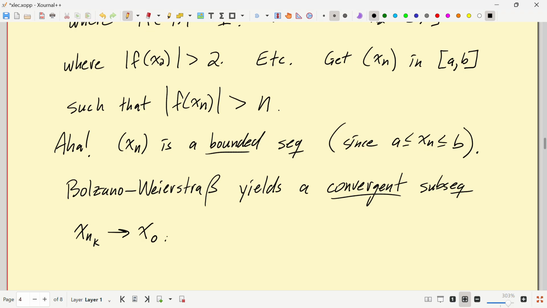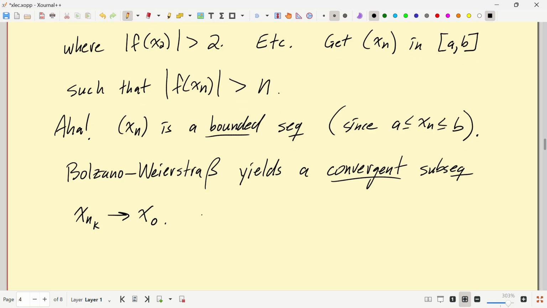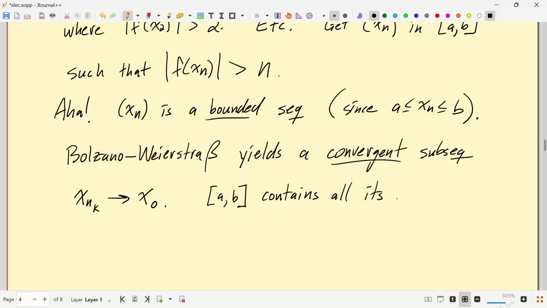Well, the interval [a, b] is closed, meaning it contains all its limit points. I'll say [a, b] contains all its limit points, cluster points, or accumulation points, whatever you want to call them.